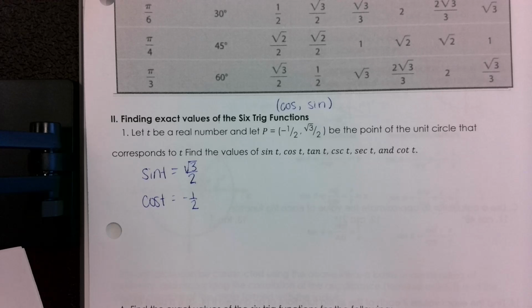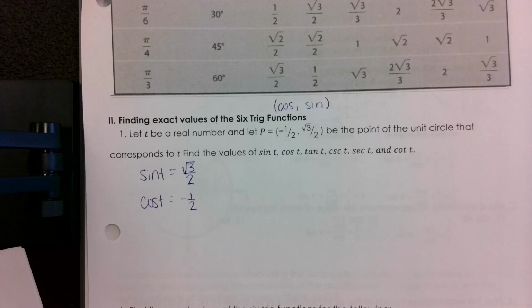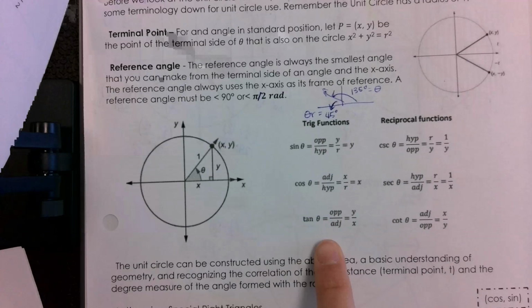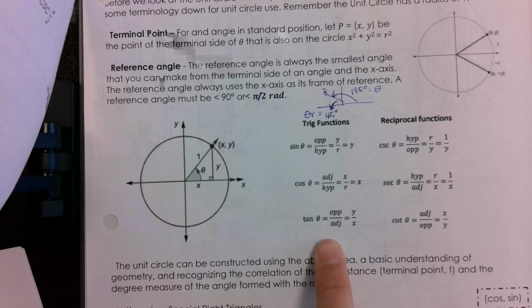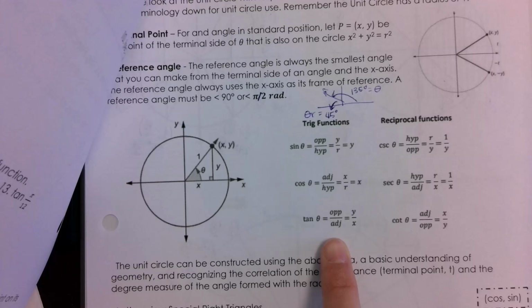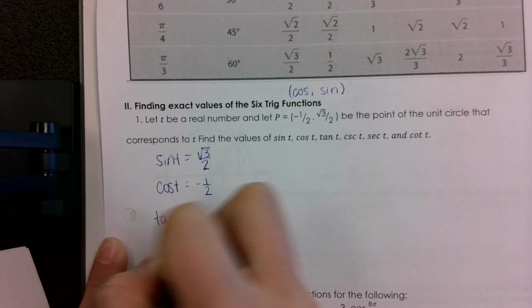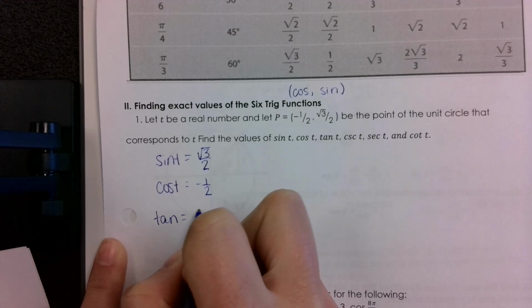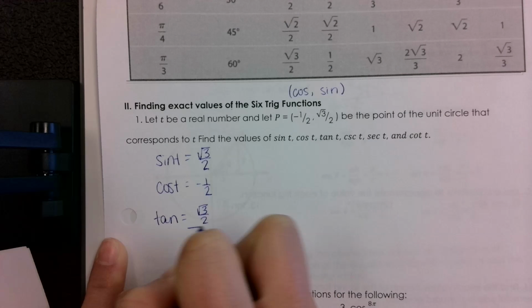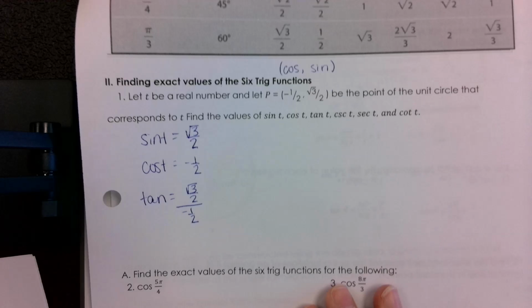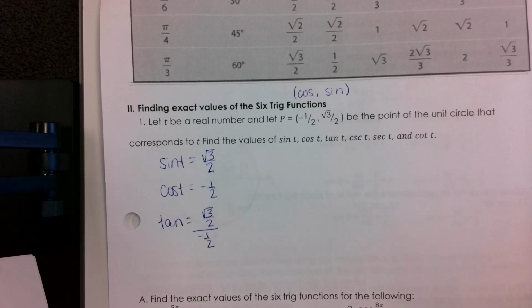And then if we look back at the stuff that we had on the front page that tells you what tangent is, we can figure out the rest from there. So what is tangent? It's opposite over adjacent, or your y over your x. So for tangent, we'll do square root 3 over 2 over our x, which is negative 1/2. And then we'll just need to simplify that a little bit. When you're dividing fractions, what are we really doing?